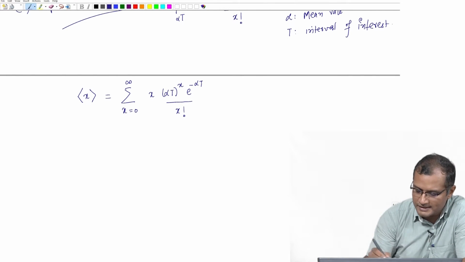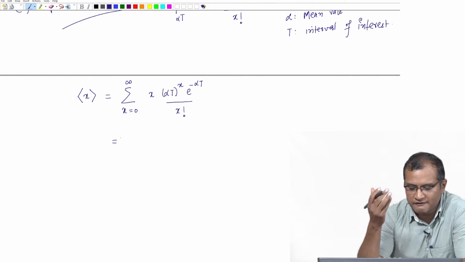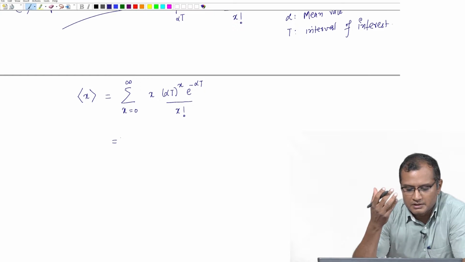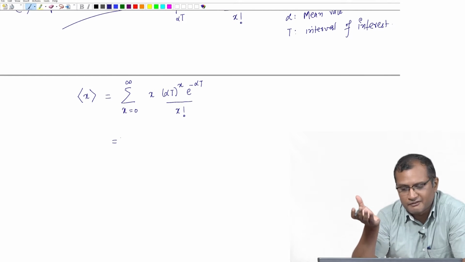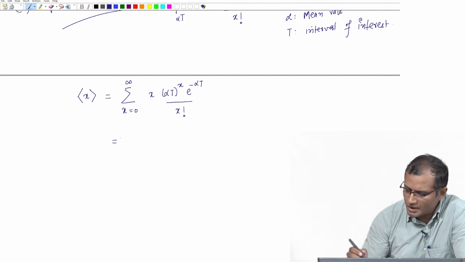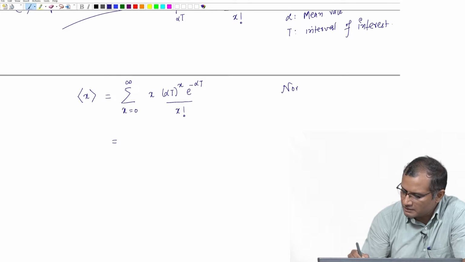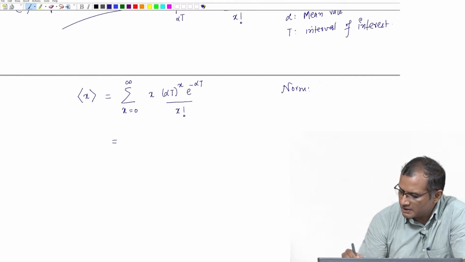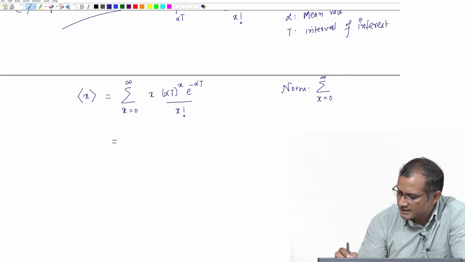So, what I will do is I will use the fact that the Poisson PDF is a well behaved PDF. So, the norm of the PDF, which is 1, is nothing but summation over all x going from 0 to infinity alpha t to the power x e raised to minus alpha t over x factorial.